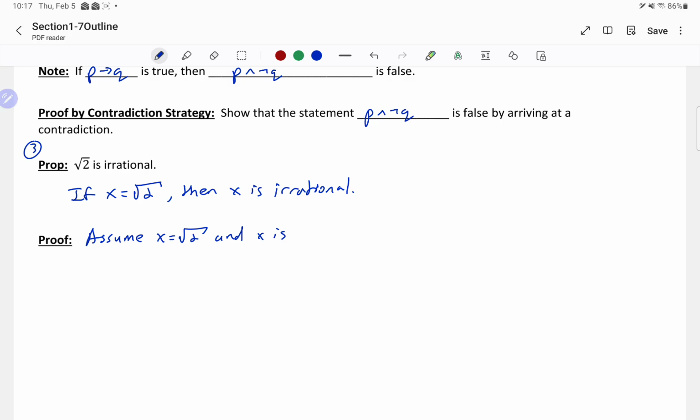So if x is not irrational, it must be rational. Okay. So we're going to assume x equals square root of 2 and that x is actually rational.